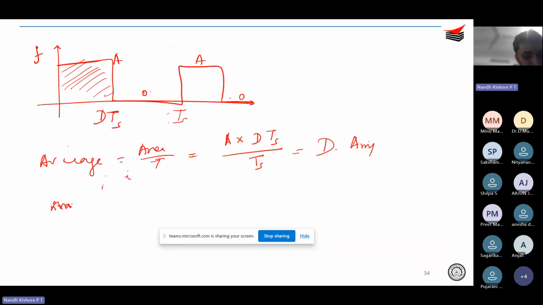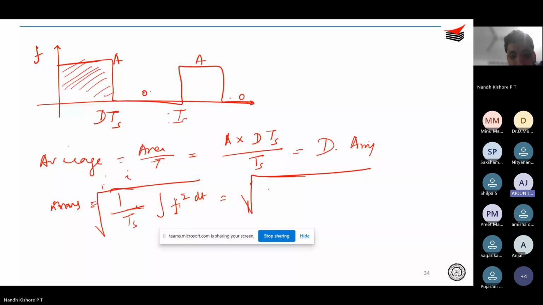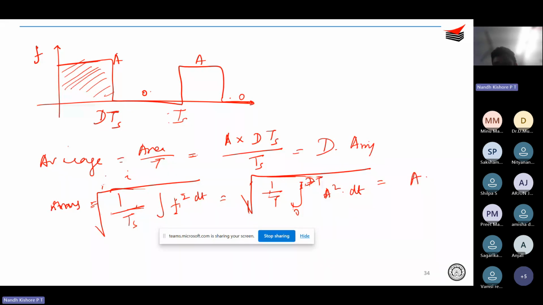So what do you get? A is common, right? And it will be D Ts minus 0. So A into root D, right? So that is amplitude into root over D.